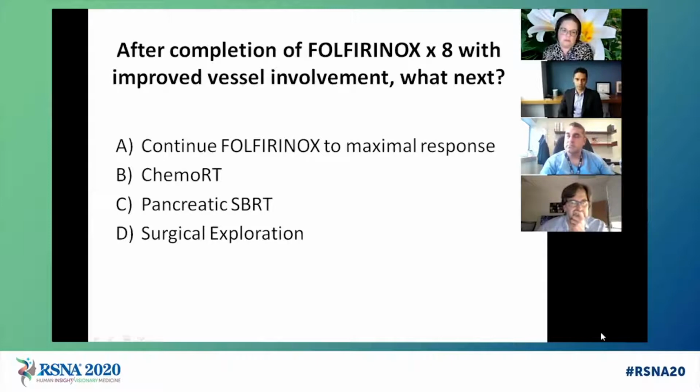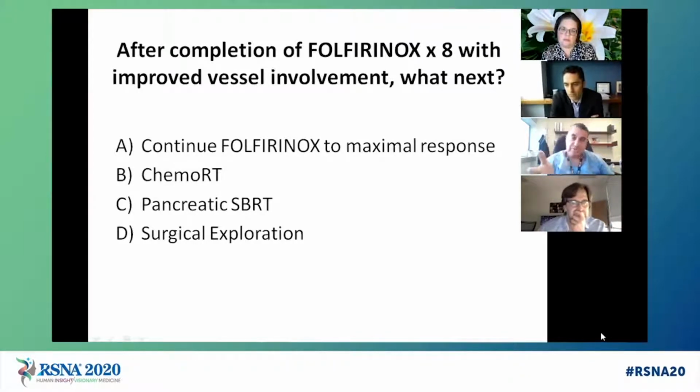Perfect. So at this point in time, we did pivot away, as I mentioned, per our MGH standard. And if we were going to talk about next steps and if it was still felt to have persistent vessel involvement, what would you recommend, Dr. Kadan? What are your thoughts?